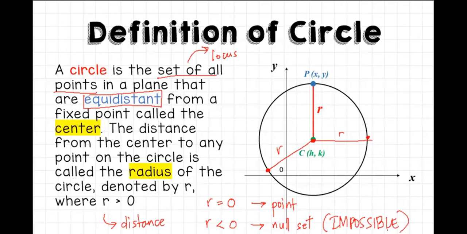So, this is not a circle. You will not be able to make a circle at all. You will not be able to graph it at all. Right? So, dapat po, ang R natin ay greater than 0. Okay? Kasi kung nakikita nyo, hindi naman yan yung kukuhanan ng absolute value. So, kailangan yung R mo talaga ay positive.